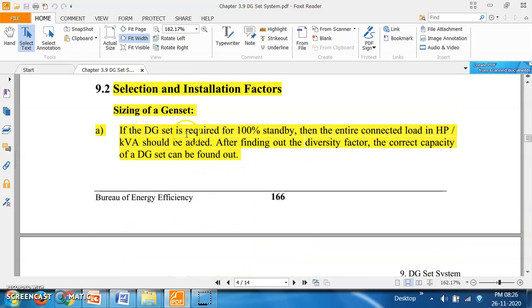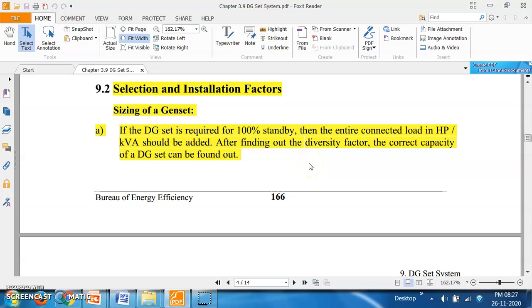If a DG set is required for 100% standby, suppose for the whole house applications, you are going to purchase the DG set. Then the entire connected load in HP or in kVA should be added. What is the connected load?